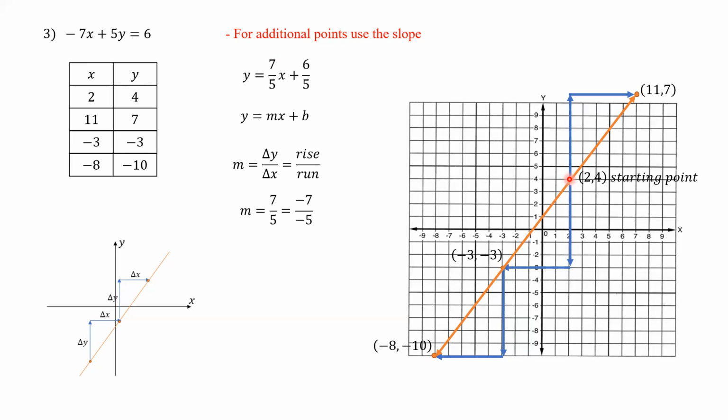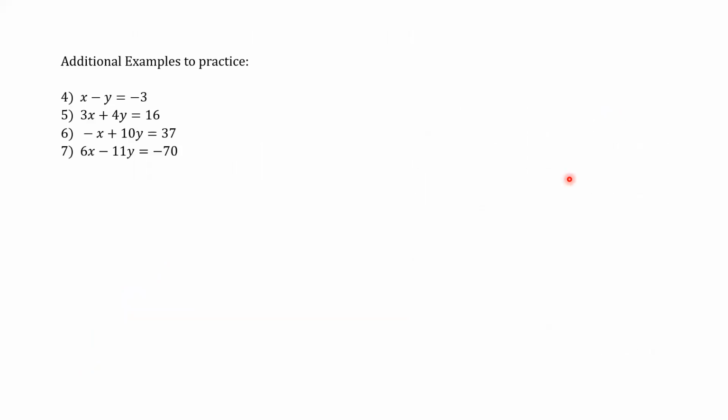And to finish this series, I would like to offer you these 4 additional examples of linear equations of the form ax plus by equals c. And I would like to offer you to graph them using ordered pair solutions with integer coordinates, and you can find them with the methods discussed in this video.